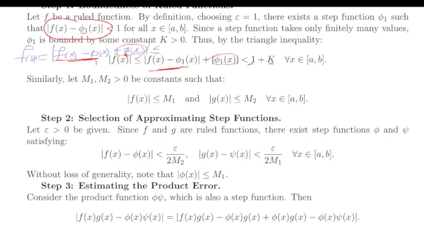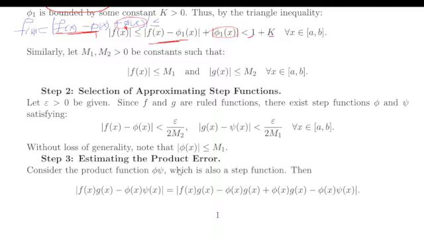If you notice the denominators here, it ensures that when we multiply the functions, the total error will still be less than epsilon. So here we're going to assume, without loss of generality, that the absolute value of phi of x is less than or equal to m1. So that means phi of x is bounded by m1.